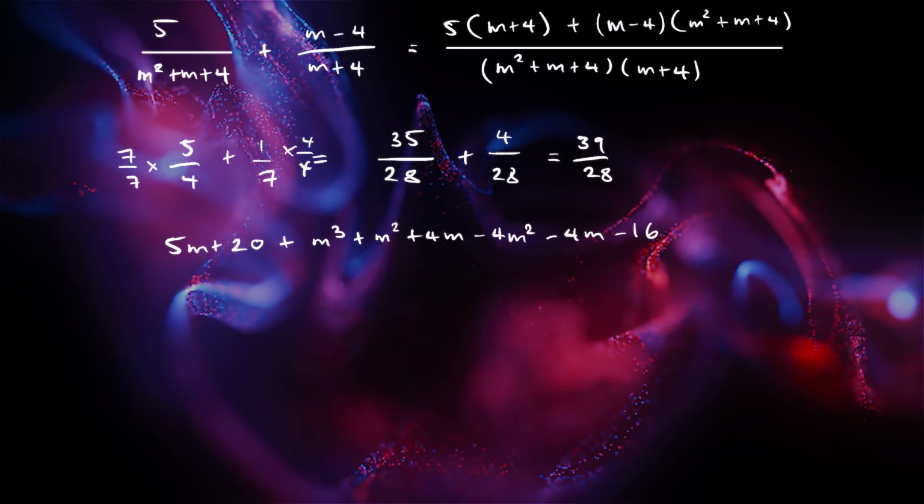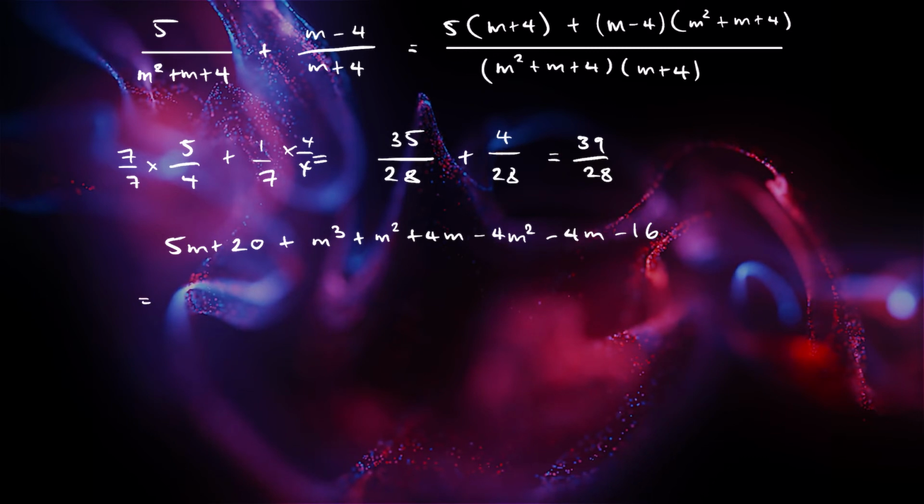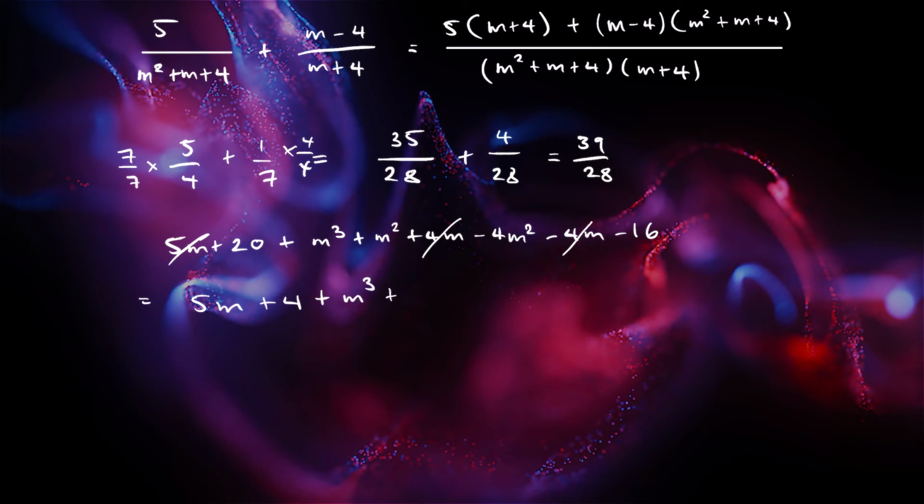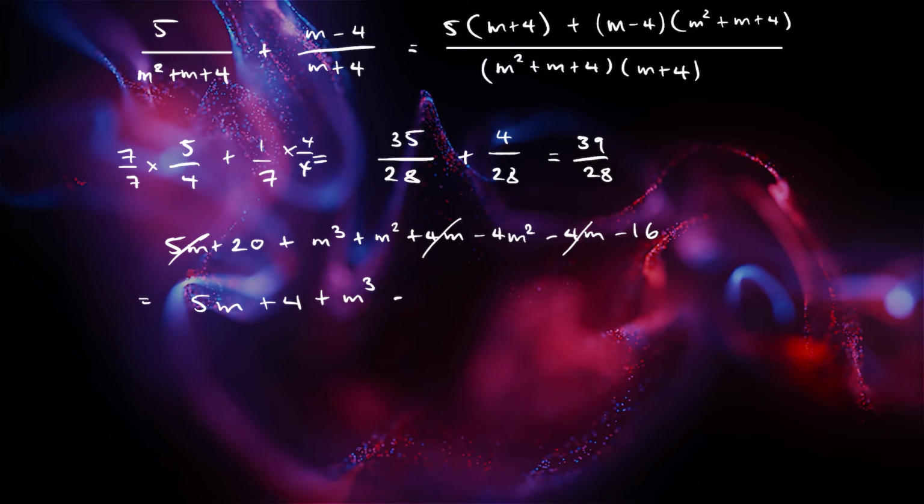And then we're going to simplify that down. 5m plus 4m gives me 9m, minus 4m gives me 5m. Then we get 20 minus 16, which is plus 4. Then we've got an m cubed term and an m squared term. Sorry, m squared minus 4m squared gives me minus 3m squared.